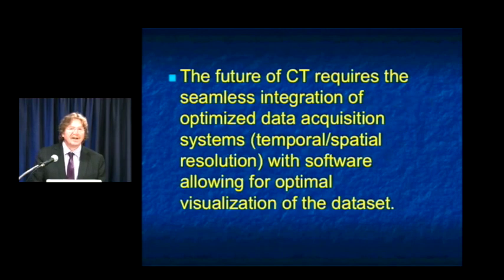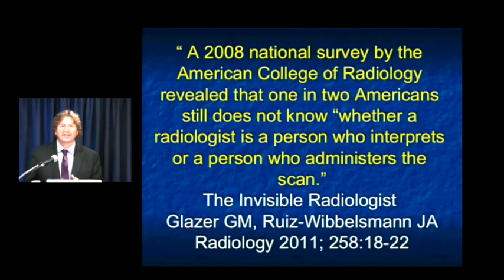It changed everything. But in order for us to move forward, really it's this integration between data acquisition and visualization techniques that become important. As we've spoken, just simply looking at axial images is not going to be enough. We need to look at the volumes, and we need to use the specialized software.